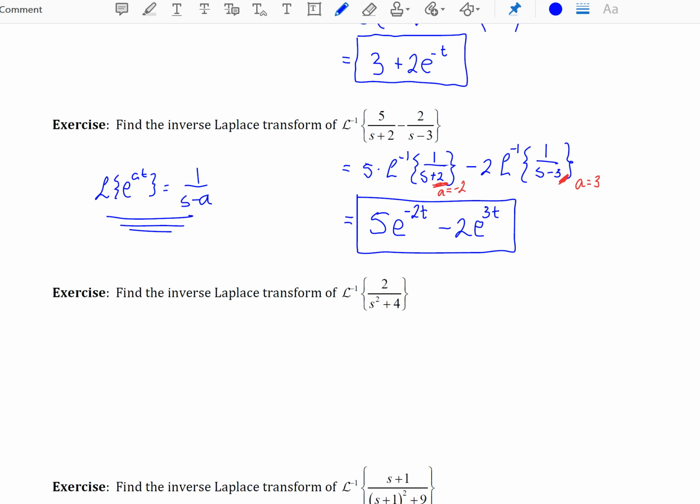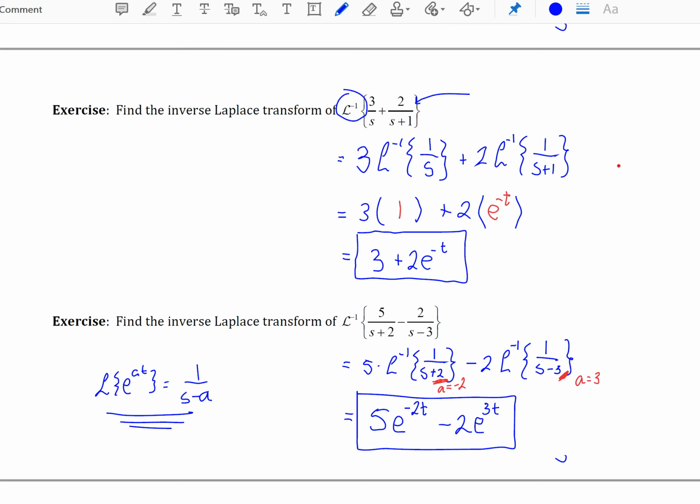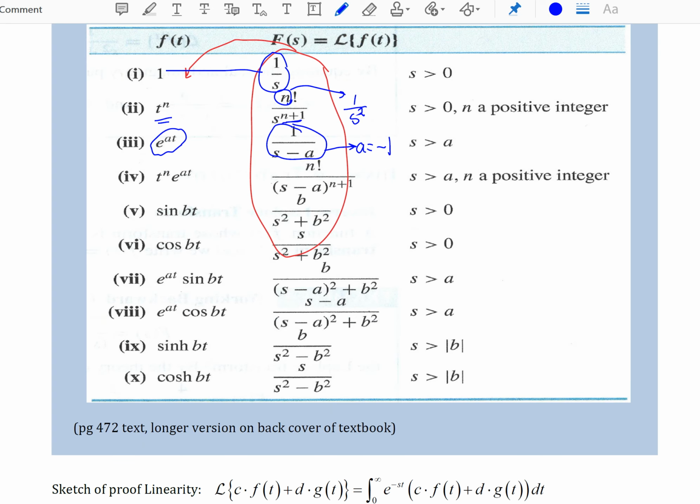Okay, find the inverse Laplace transform of 2 over s squared plus 4. Now, because of the denominator in this one, s squared plus 4, you should be thinking trigonometric functions. Now there were two trigonometric functions though. There was a cosine and a sine. So if you look back at your Laplace table, if you're dealing with a sine of bt, it's s squared plus b squared in the bottom, and then b also appears in your numerator.